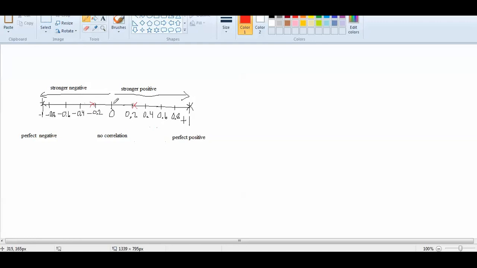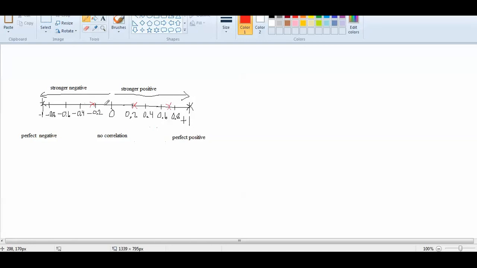We said that we would expect number of miles driven per week and number of dollars spent on gas per week to be a stronger positive correlation. We expected it to be a stronger positive correlation than income and account balance. So miles driven per week and amount of money spent on gas per week might be out here somewhere, closer to +1, since it's a stronger positive correlation.